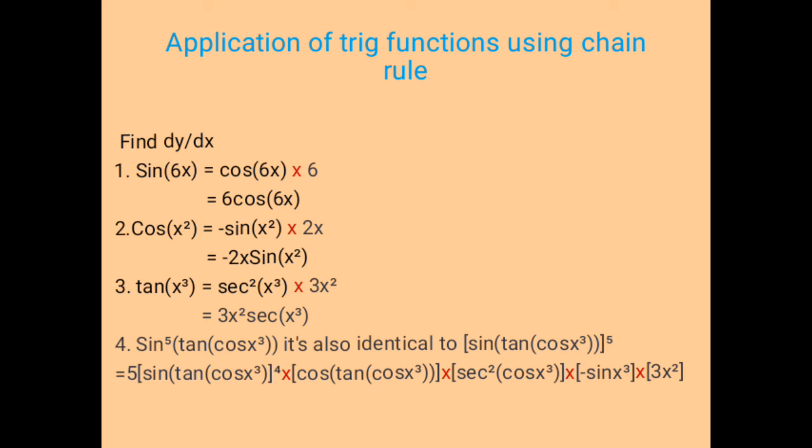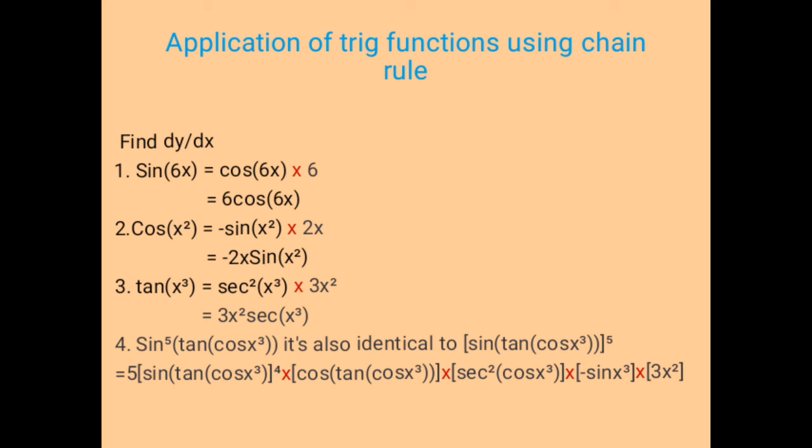Take for instance, when you're given sine x all squared, you end up having sine squared x. So it applies the same here. Sine tan cos x cubed all to the fifth will be the same as sine to the fifth tan cos x to the third, and that helps us to easily solve our question.